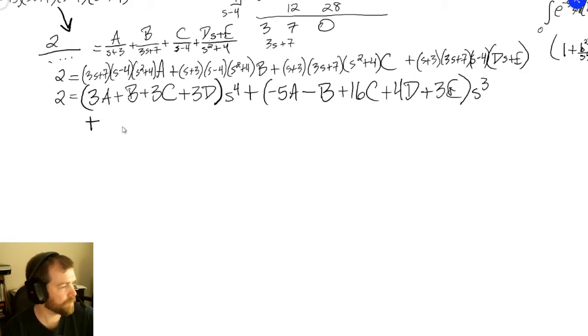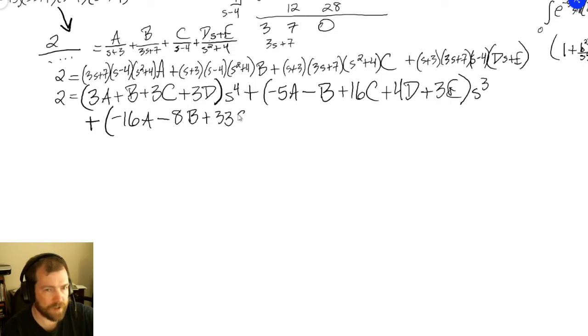Okay, plus s squared is going to be a negative 16a, minus 8b, plus 33c, minus 43d, plus 4e s squared. It's terrible that the program puts the sign on the previous line; it should be a plus and then a negative on the other one if they want to do that.